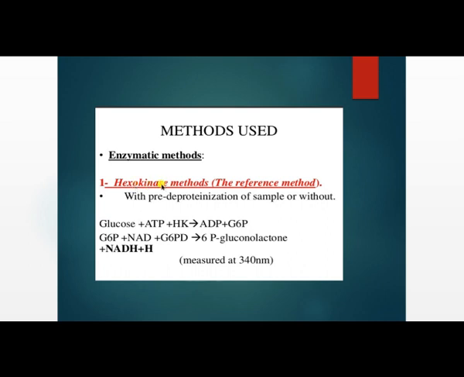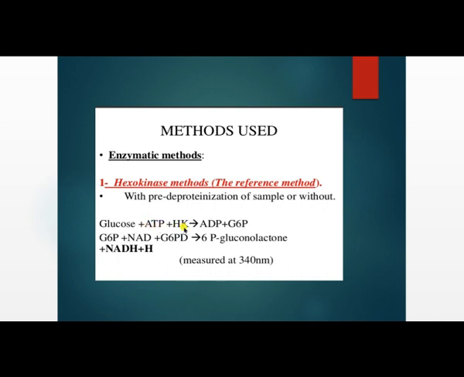When you are using the hexokinase method, the sample requires deproteinization. The blood sample should be deproteinized, meaning absent of protein, before use. See the reaction: the glucose present in your blood utilizes energy from ATP in the presence of HK.